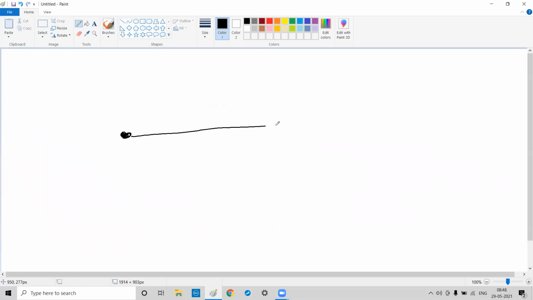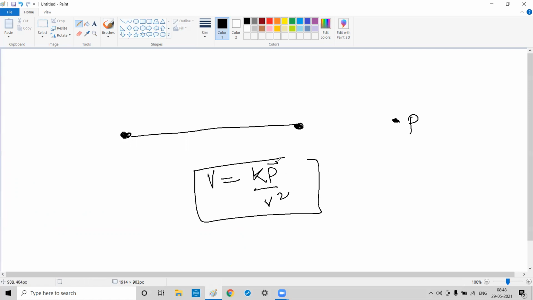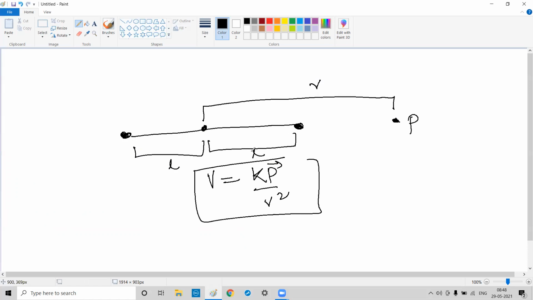For the dipole and a point at the axial point, the potential will be nothing but Kp by R square. And what is R? R is the distance from the middle to this P, and this is L, and this is L. Okay, and it's just Q. So you can very well find.